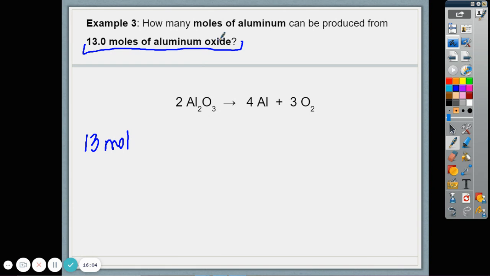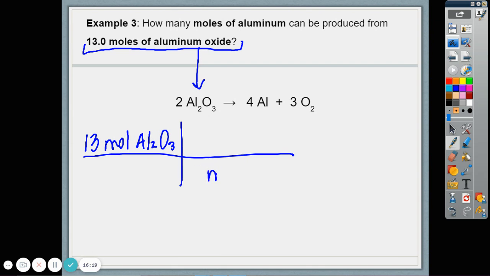So aluminum oxide is the compound right here. So 13 moles of Al2O3. I'm going to copy down mole Al2O3. And looking, I see that there's a 2 there, so I'm going to put that in front.